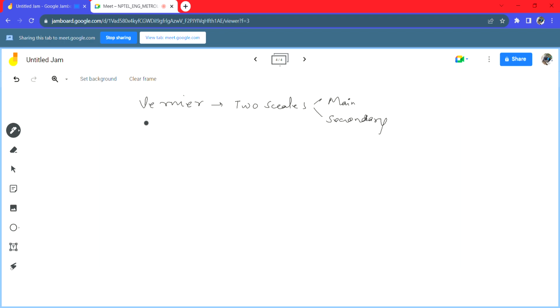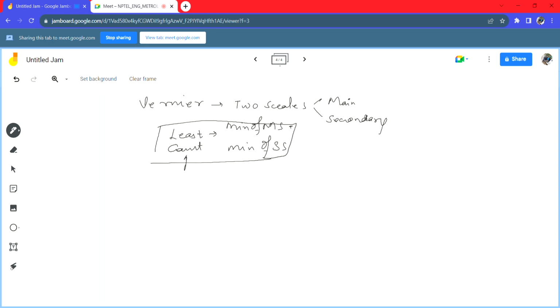Now, when we have to decide the least count, how do we calculate this? It is the minimum value of the main scale minus the minimum value of the secondary scale. This is how we calculate the least count for these devices.